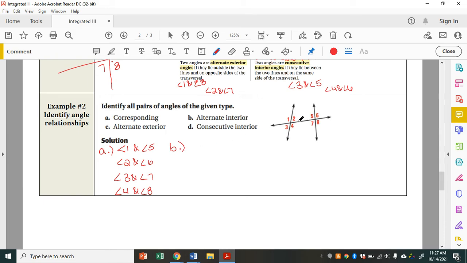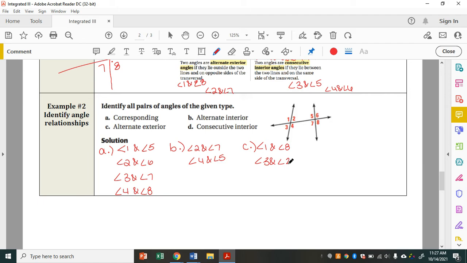For our alternate interior angles, our first example would be angle 2 and angle 7, and our second example would be angle 4 and angle 5. Only 2 pairs there because there's only 4 interior angles. Alternate exterior angles: one example could be angle 1 and angle 8, and the second example could be angle 3 and angle 6.